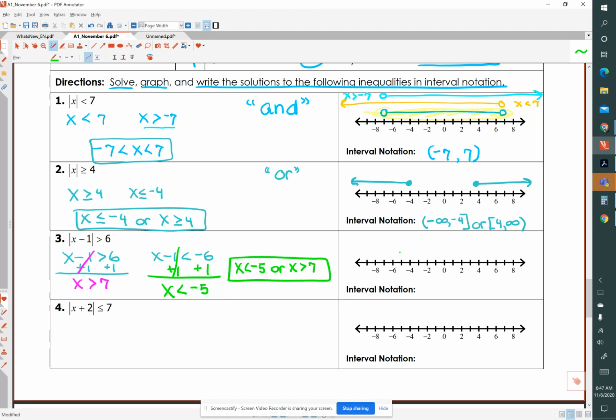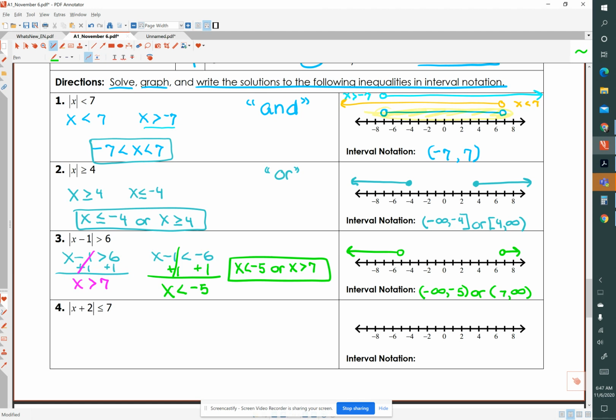So open circle at -5, x is less than -5, or x is greater than 7. In interval notation: parenthesis, -infinity, comma, -5, parenthesis, again parenthesis, 7, comma, infinity, parenthesis.